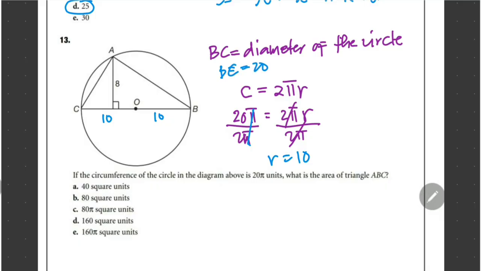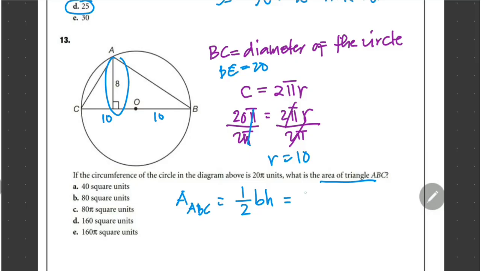Now the base of the triangle is equal to 20. And we're given here that the height is 8 units, and now we can find the area. We are asked for the area of triangle ABC. So area of triangle ABC is 1/2 base times height. That is the formula in solving for the area of the triangle.